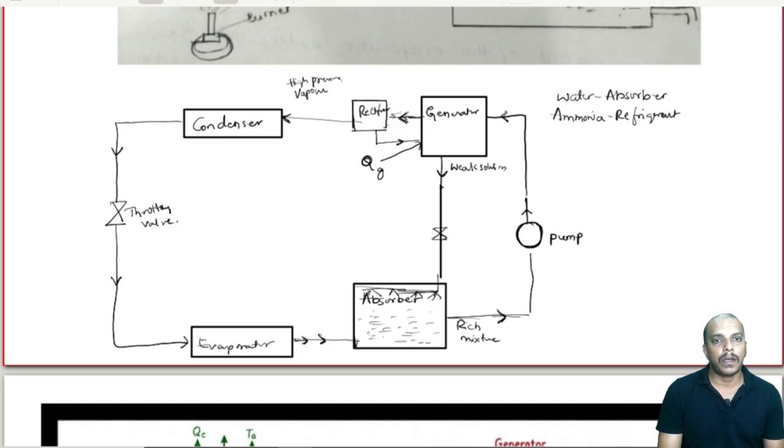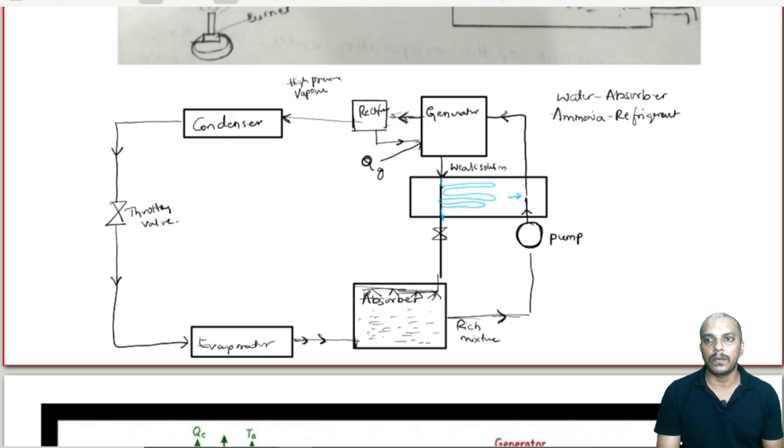Then we can also have a performance improving device, that is a heat exchanger between here and here, because anyhow after pumping we are going to supply the heat in the generator. So instead of wasting the heat here, let us have a heat exchanger. So before going to the absorber, it gives away some of its heat to the rich mixture which is coming from here.